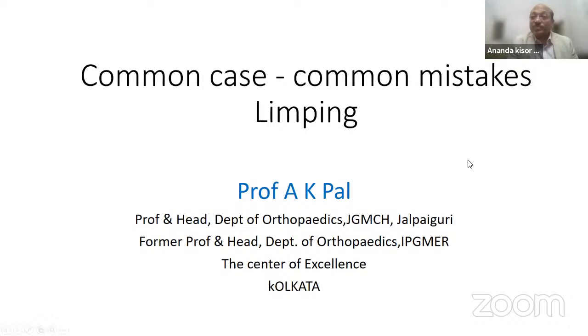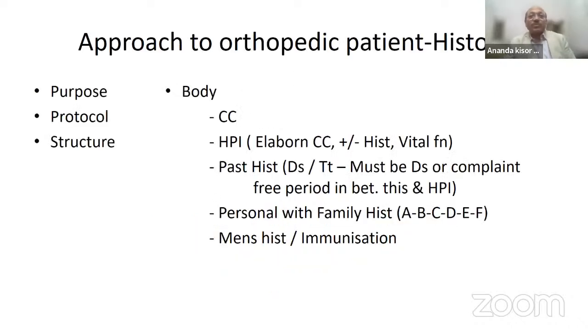I'll incorporate some videos where it is very difficult to understand what the exact gait is. I assure all the students: if we know the art of examination of limping, it makes you understand what disease we are examining, and that is of immense help in coming to the diagnosis and ultimately for management also.